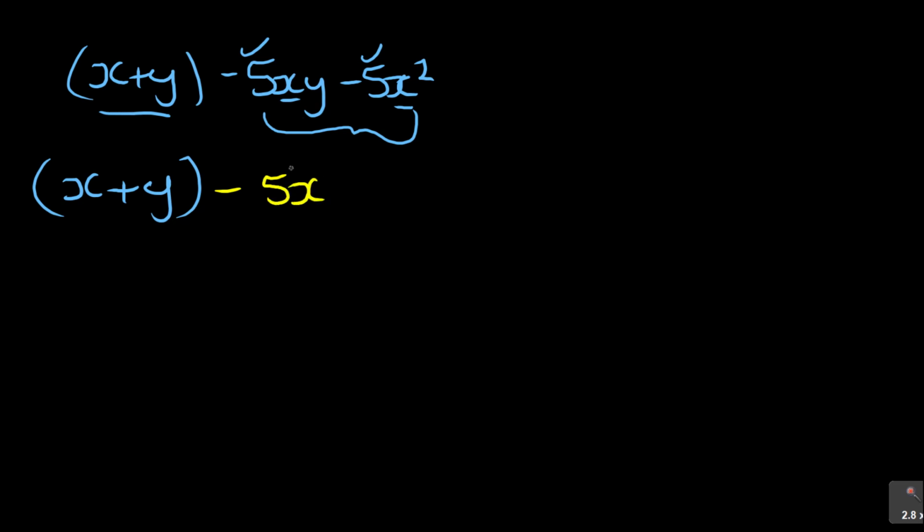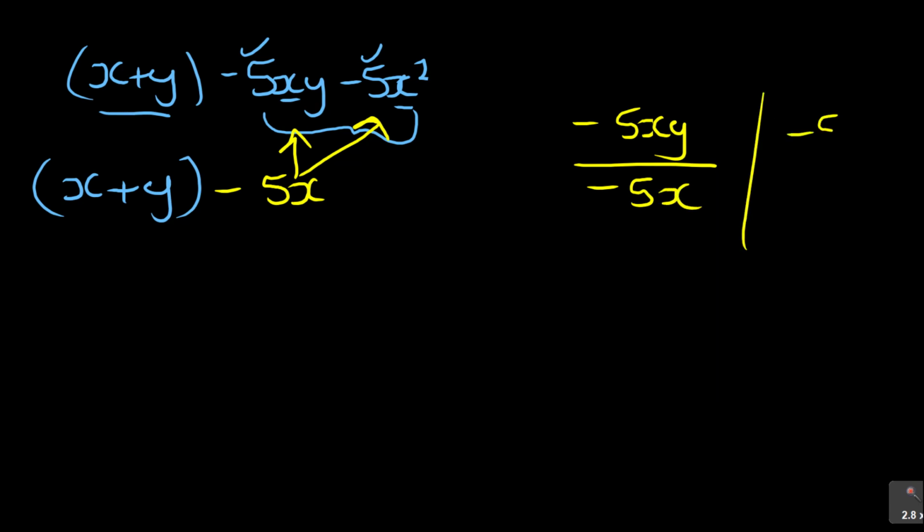So in each and every item here, I'll be dividing by minus 5x. So I'll be saying negative 5xy divided by what I took out as minus 5x, and negative 5x squared over negative 5x. See what I'm doing? The negative is common, it cancels out. The 5 cancels out. The x cancels out.